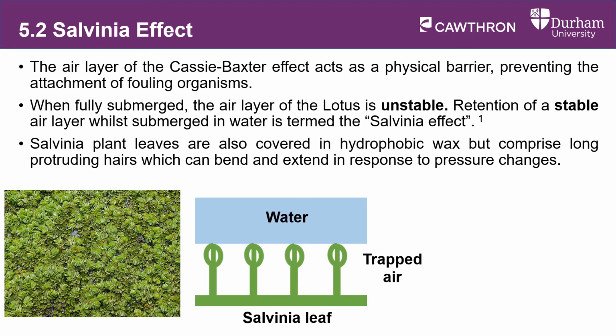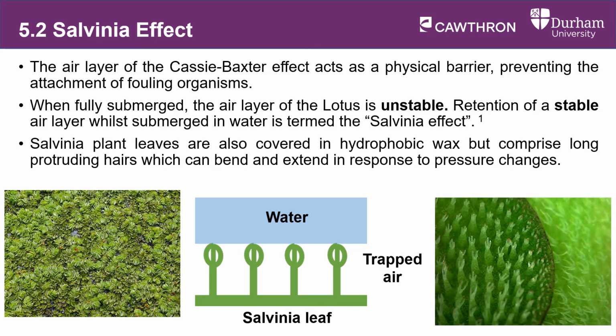The Salvinia water ferns have been known to trap layers of air for months at a time when the leaves are submerged in water, whereas the lotus leaves do not produce stable air layers when submerged. The long hairs of the Salvinia plants, pictured here, are thought to aid in trapped air layer retention.